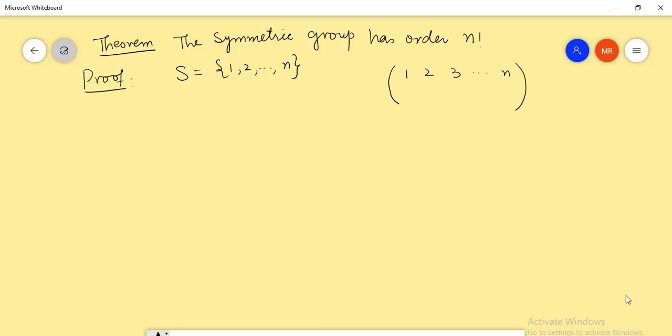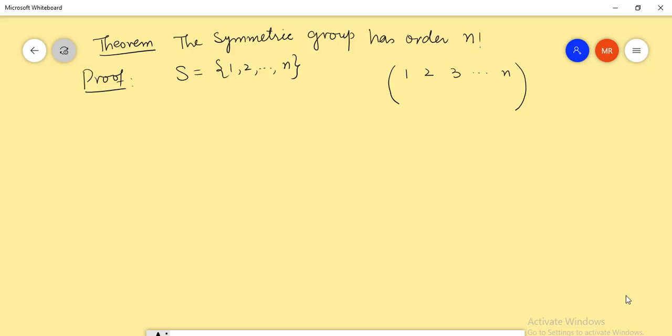We count how many different ways there are to complete the bottom row of the two-line form of the permutation of this set. That is, we need to know in how many ways we can complete this second row.